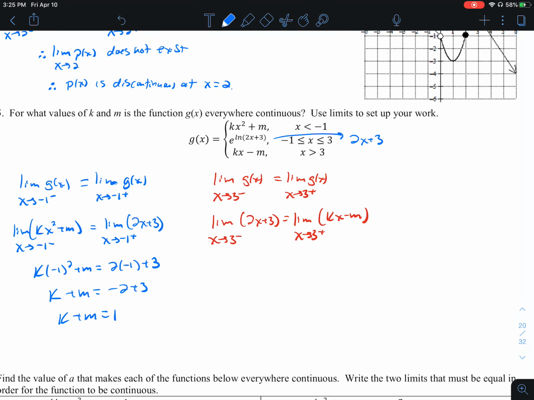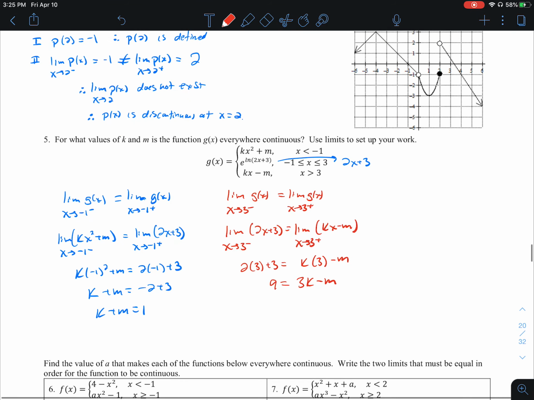All right, continuing. For this other function, we're going to have 2 times 3 plus 3 equals k times 3 minus m. That's going to be 6 plus 3, 9 equals 3k minus m. We can't solve that equation either because there are two variables.